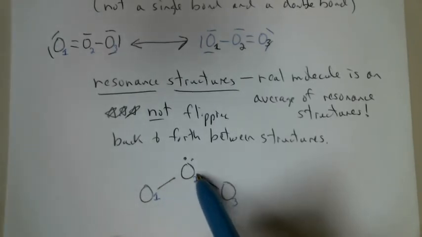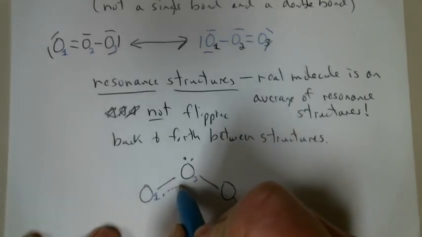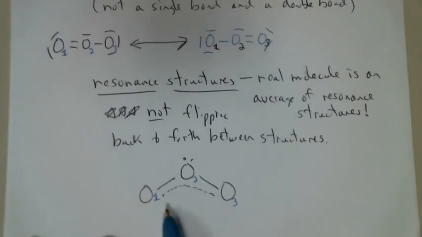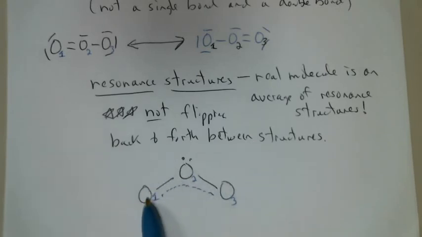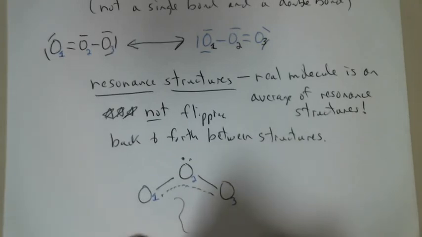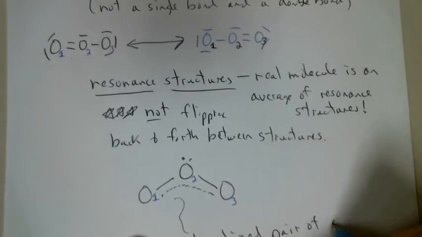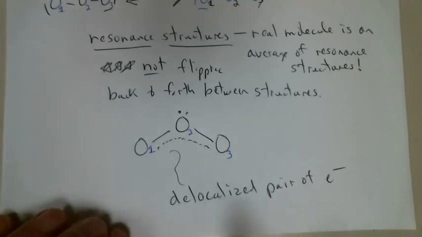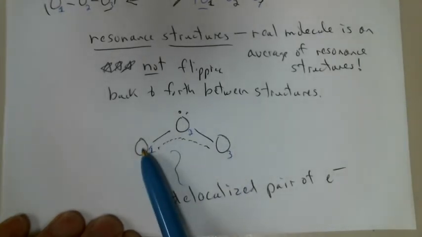But there's a single bond between each oxygen, and there's also an orbital that actually spans across all three oxygens and has 2 electrons in it. And those electrons are what we call delocalized. A delocalized pair of electrons. And it's actually a bond that goes all the way across all three.